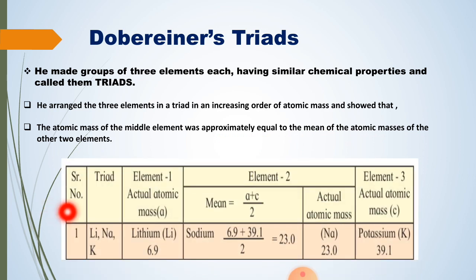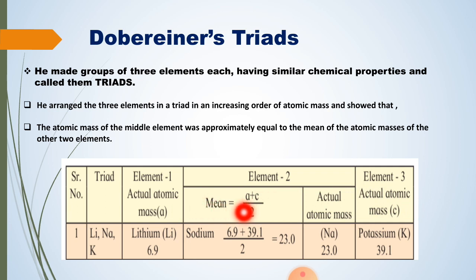Here there are 3 elements, that is Li, Na and K. The atomic mass of Li is 6.9, the atomic mass of Na is 23.0, and the atomic mass of potassium, that is K, is 39.1. So according to the formula, how are we going to calculate the mean?